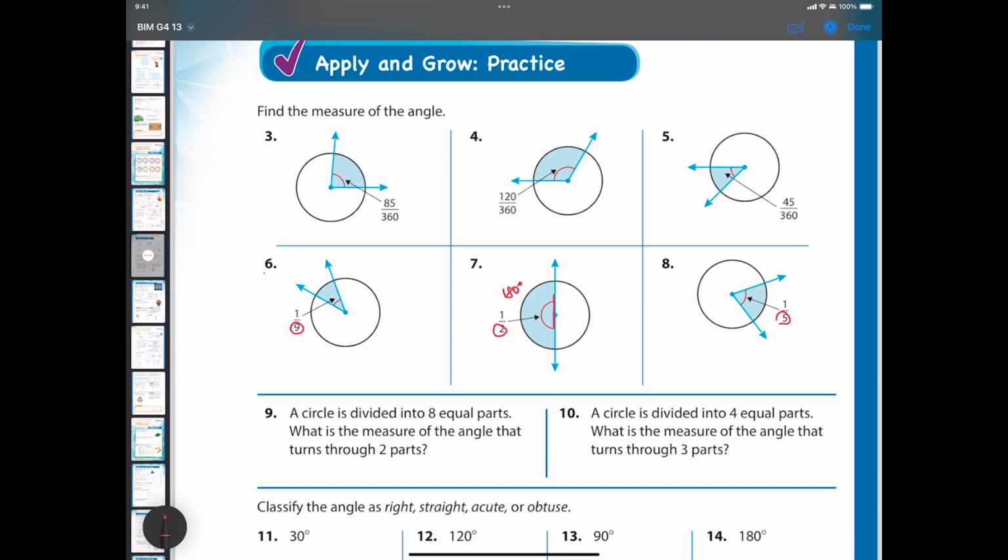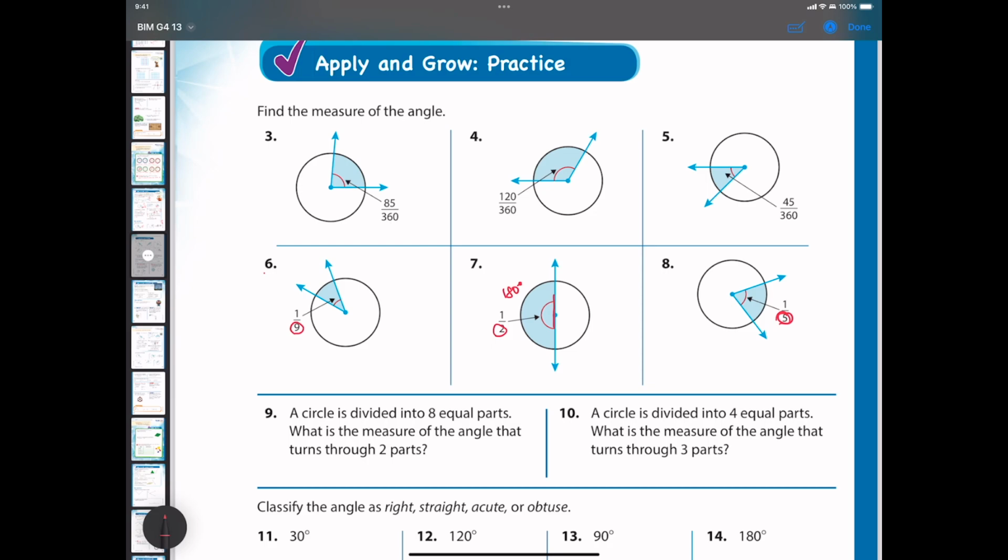But this one, yes, you need to. Or you can do mental math, because you know 9 times 4 is going to make 360. If you know that already, then you can do mental math. But anything else, you have to use division to find out the equivalent fraction of 360.